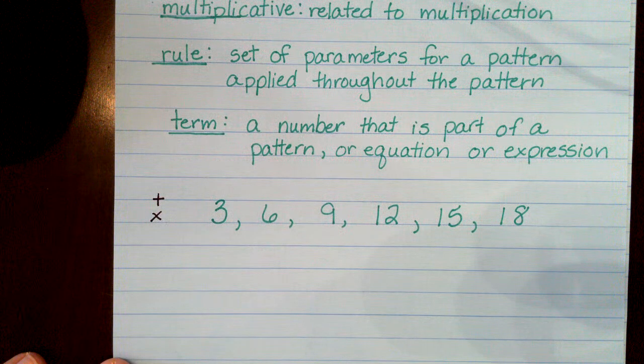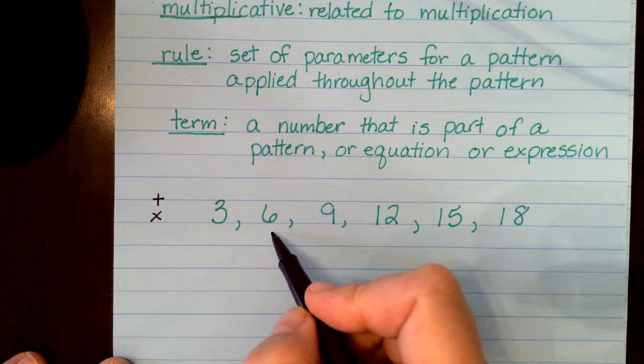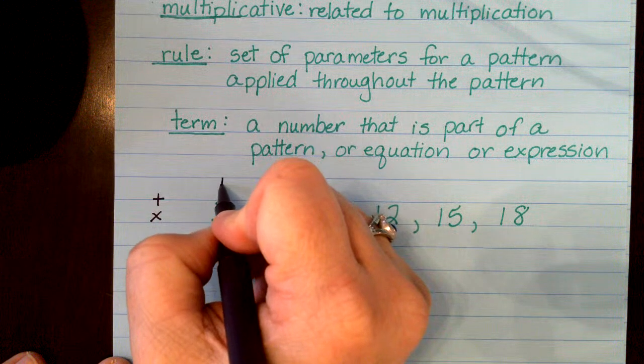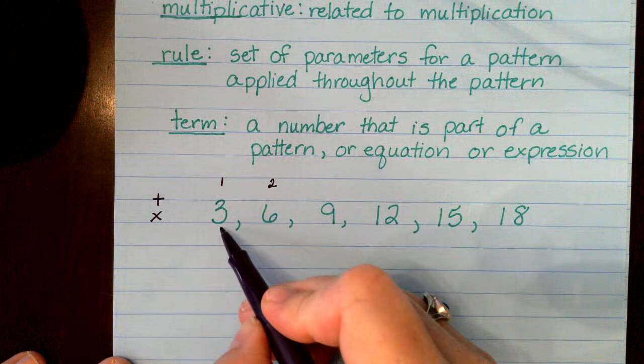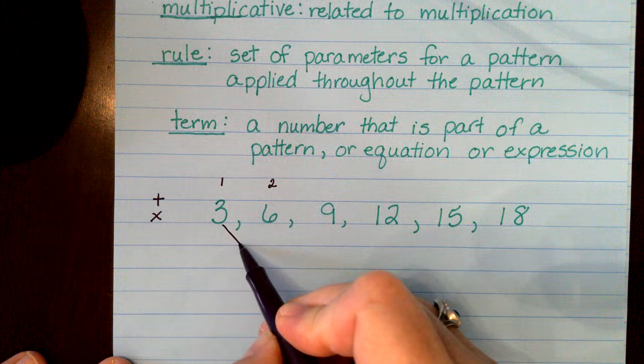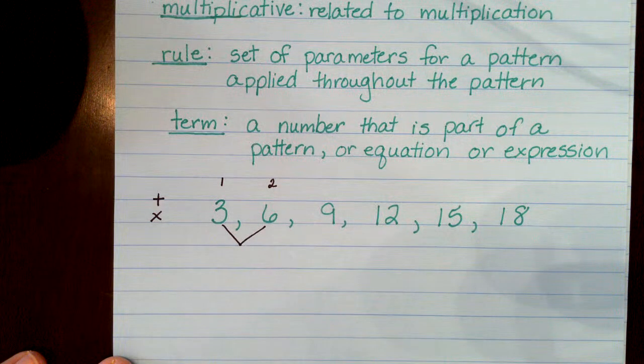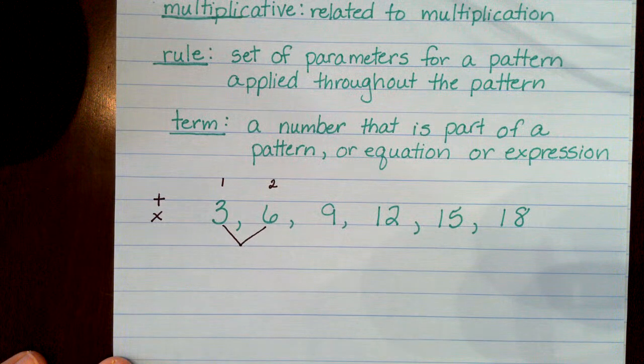When we look at the first term and the second term in the pattern, we have to ask ourselves, how did this pattern go from 3 to 6? There are two different ways that we can look at this pattern.